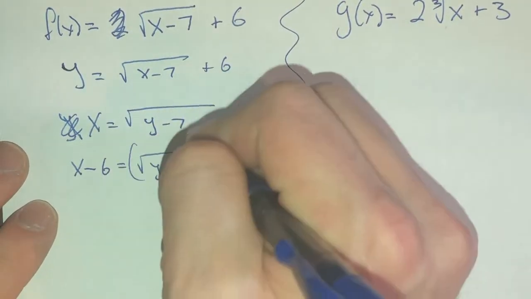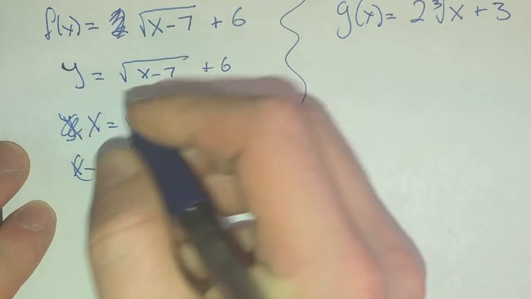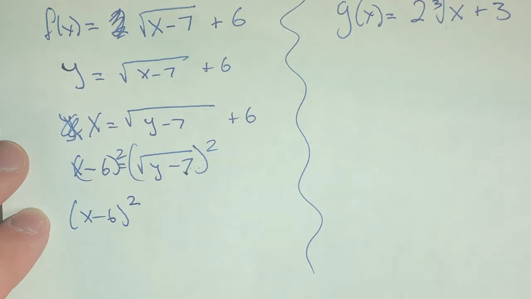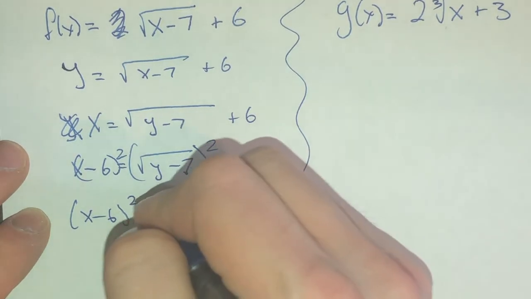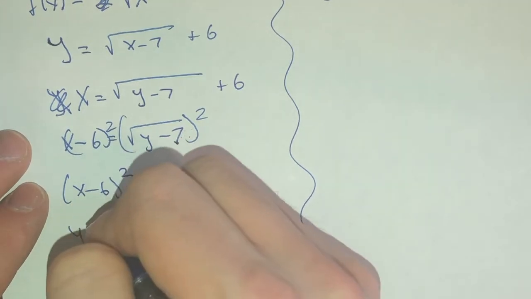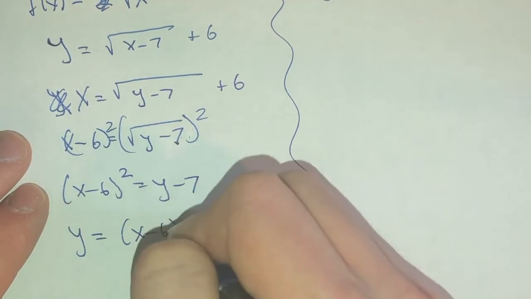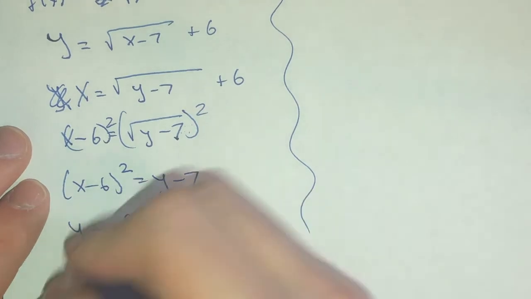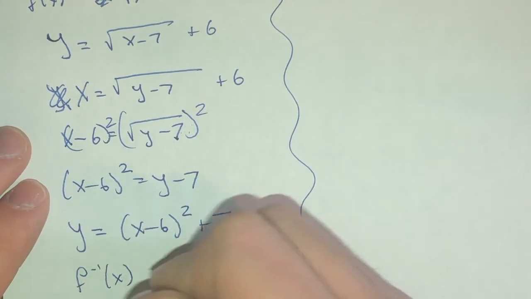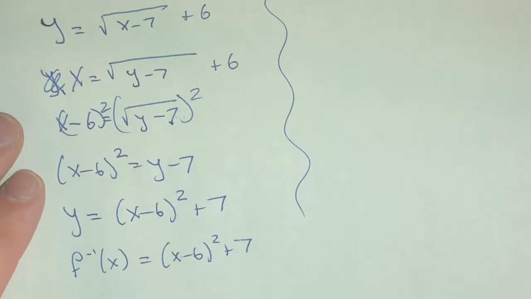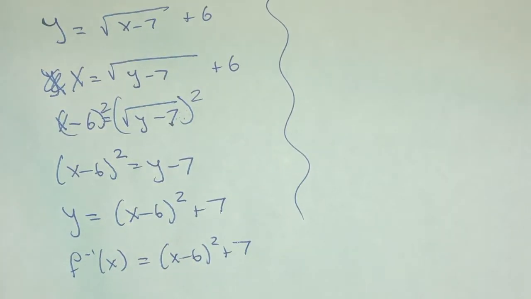So now I can square both sides and get x minus 6 squared equals y minus 7. Now I add the 7 to both sides, and I get y equals x minus 6 squared plus 7. So my final inverse is f inverse of x equals x minus 6 squared plus 7.